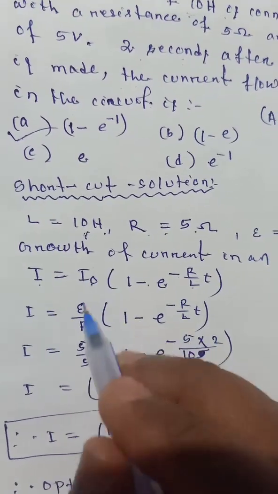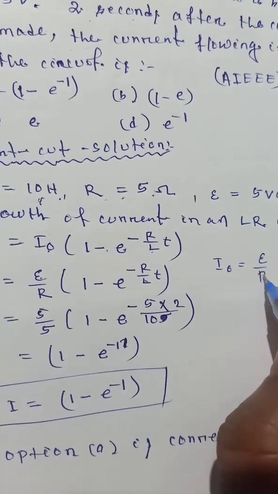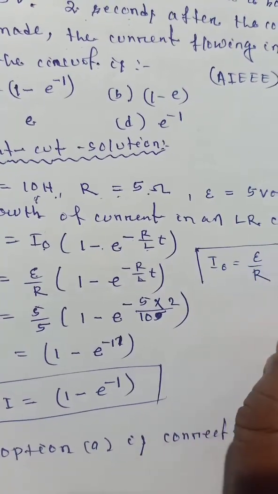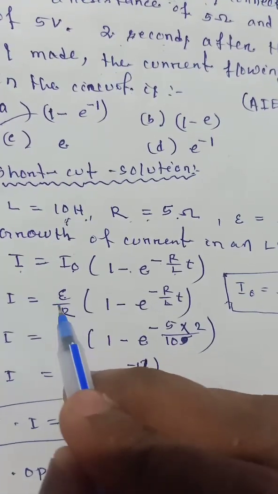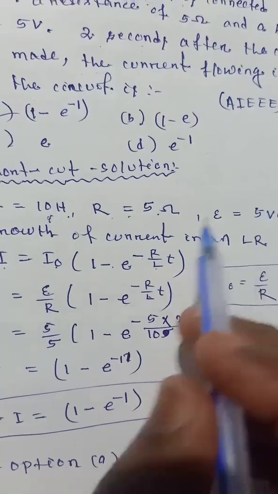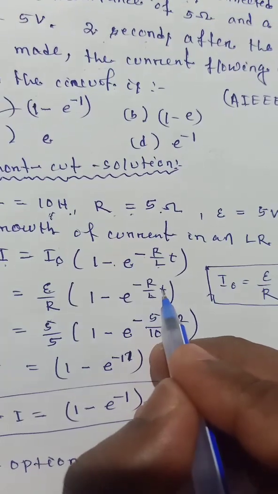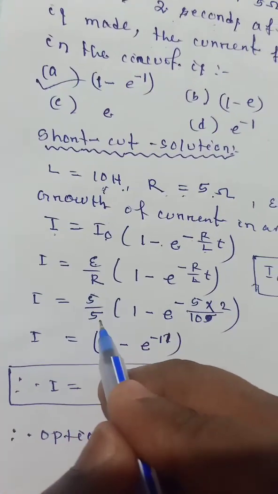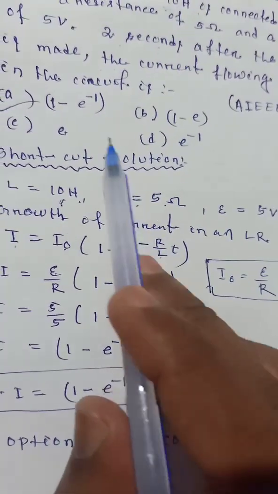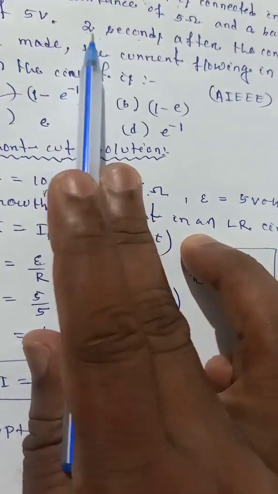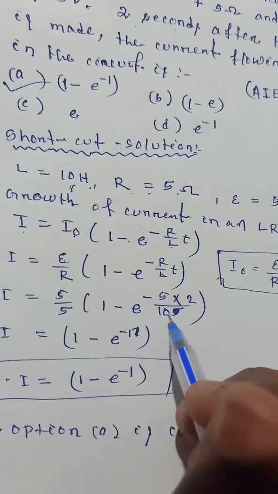Here I naught equals epsilon by R. Epsilon equals 5 and the value of R is equal to 5, so 5 by 5 times 1 minus e to the power minus R by L of t, where t is equal to 2 seconds and L is equal to 10.